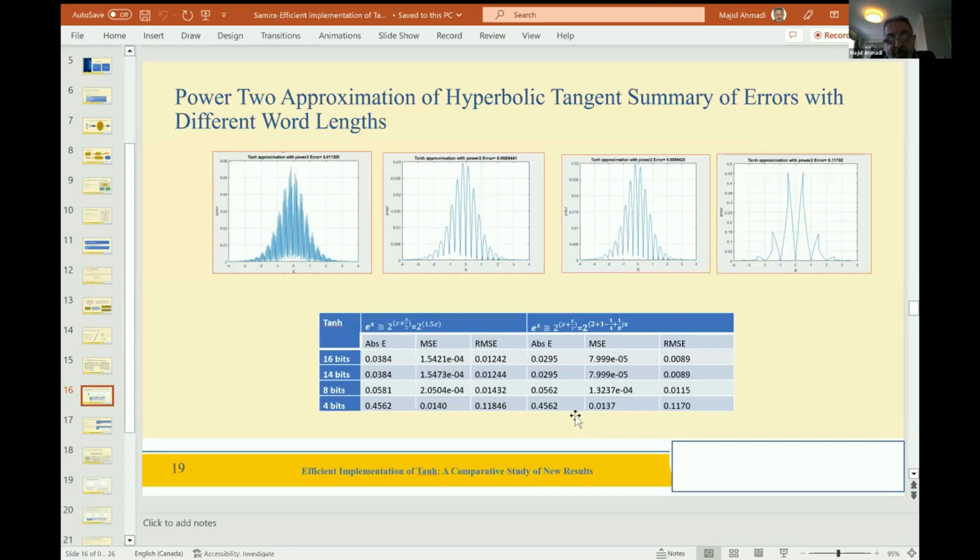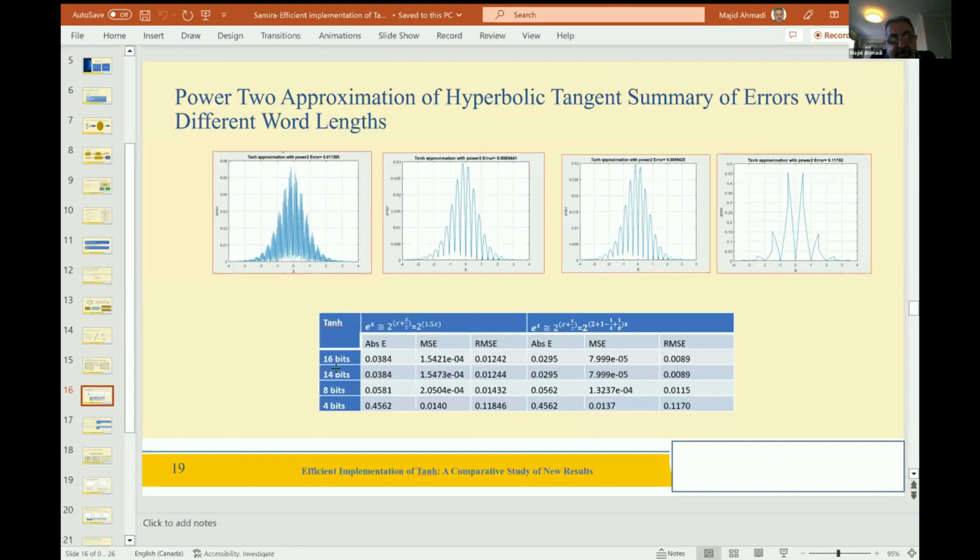Now, if I go through the different sets of approximation that we have, 2 to the power 1.5x versus 2 to the power 1.4 and 1.8.